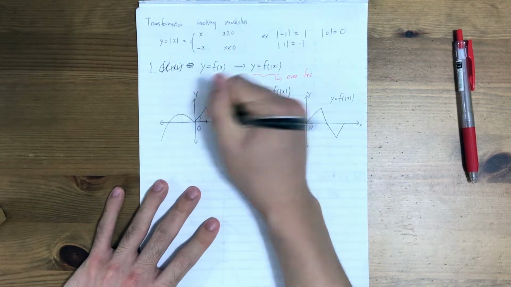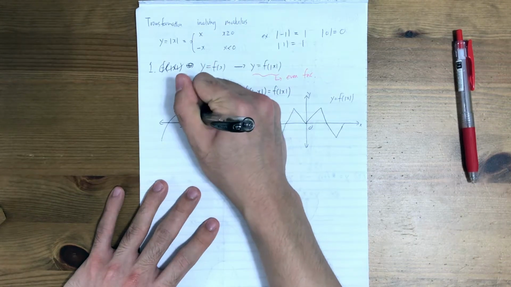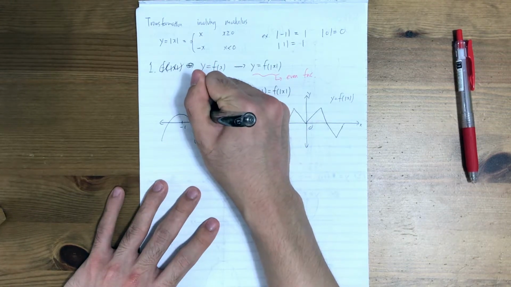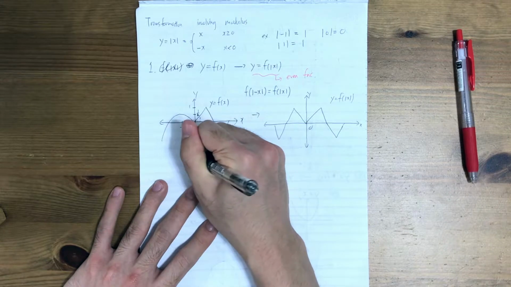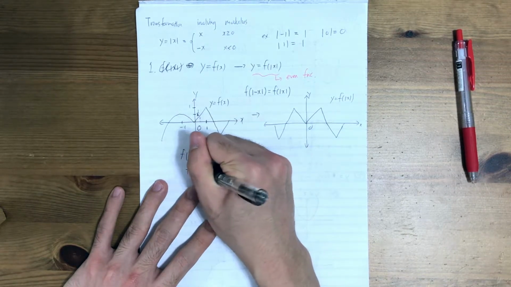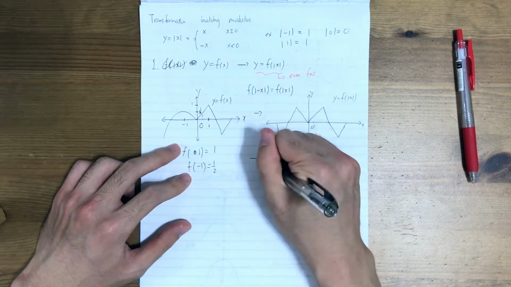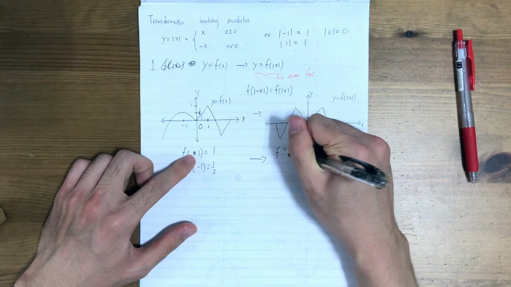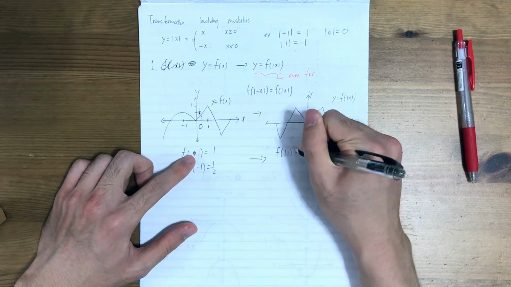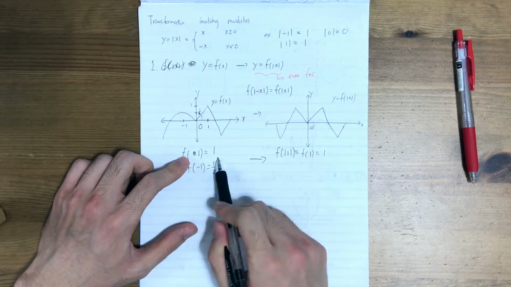For example, if you don't understand, let's say this is 1 and 1, and this is -1 with half, let's say. So in the original function, we have these 2 points, right? But in the modulus, every input has a modulus sign, right? So modulus of 1 is still 1, which is the same.